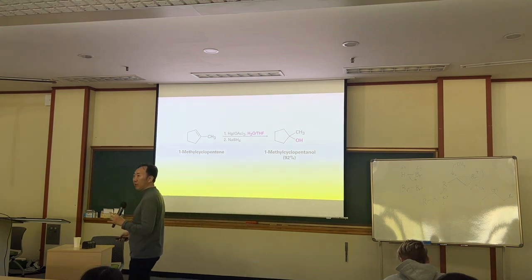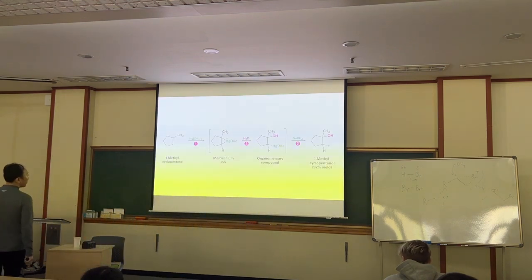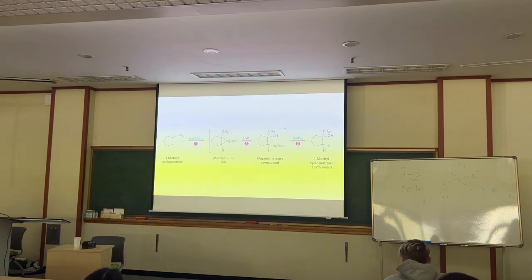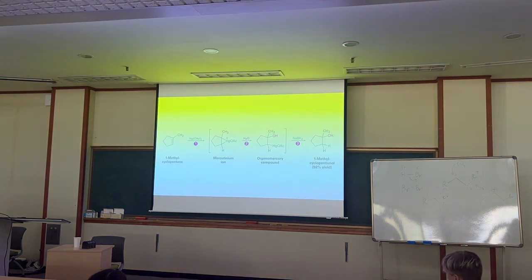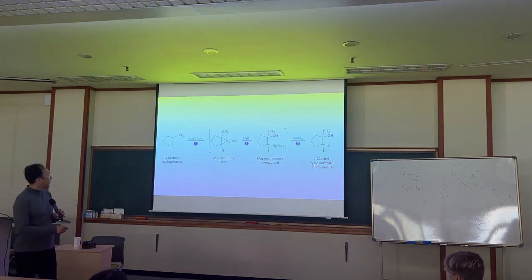Let's look at the mechanism. First step: mercury is added, similar to proton. So this is like a cyclic intermediate, similar to bromonium. And then water attacks. Which position?